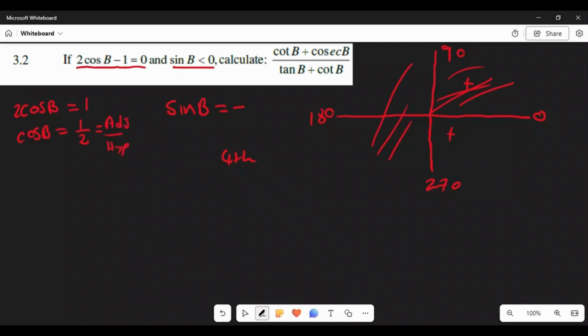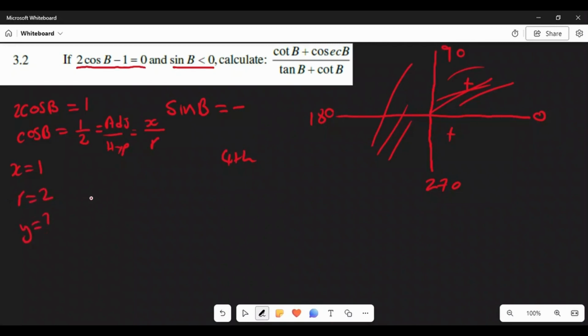We are all good there. Since this is happening on the fourth quadrant, we can say our adjacent here is x, and then our hypotenuse is r. What is missing is y, meaning our x is equaling to 1 and our r is equaling to 2. So what is our y, right?